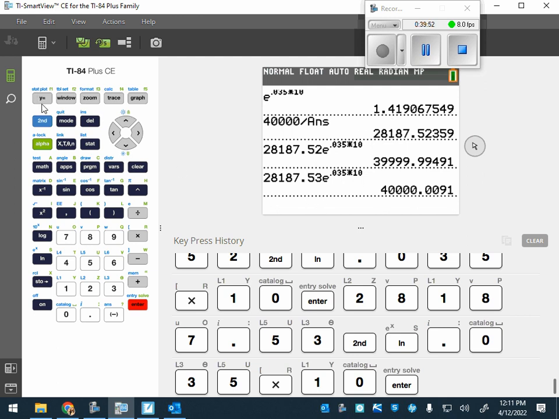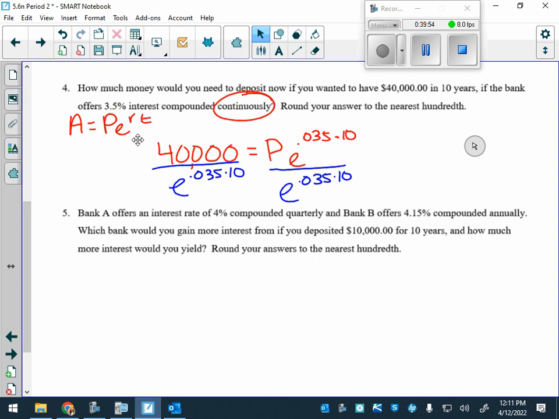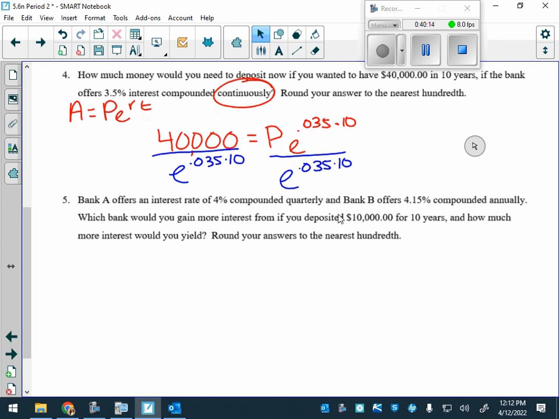What Sam did, he took this equation and did 40,000 for Y1, put X in for P times e to this, and adjusted the window accordingly, right? And he found what X equals as well. Okay, so again, another way. But you guys know how to solve algebraically as well.